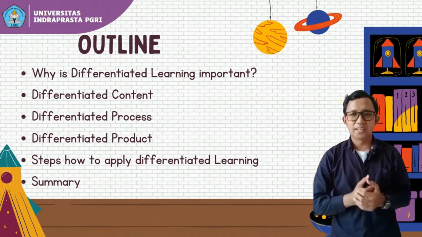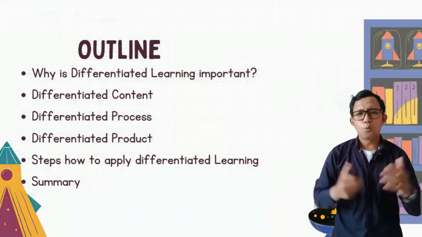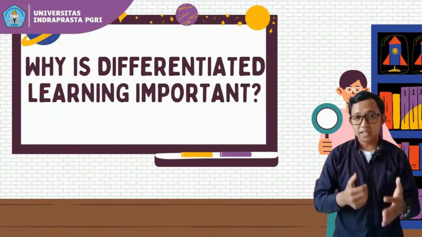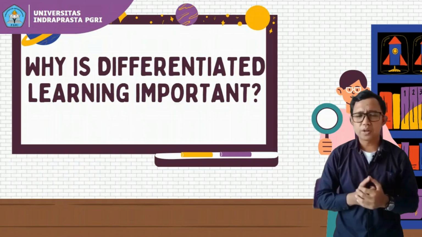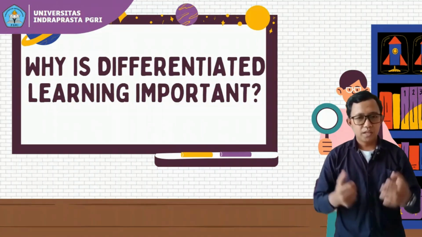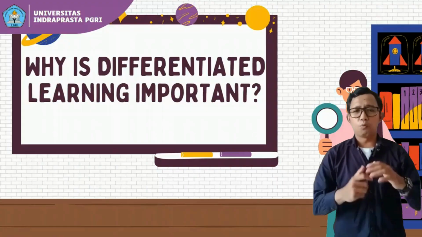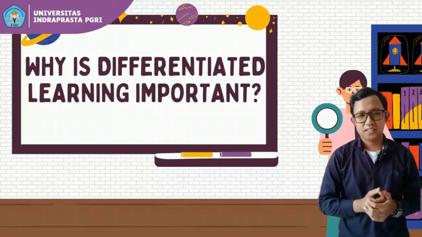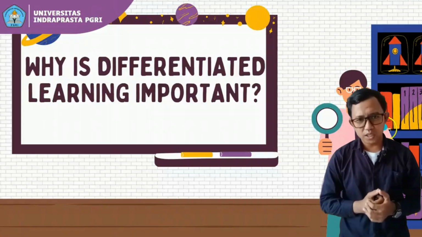Okay everyone, let's start from the question: why is differentiated learning important? As educators, we always find students with various characteristics. In the classroom, we face a wide range of differences among students, especially in learning. So what should we do before we start our lesson?